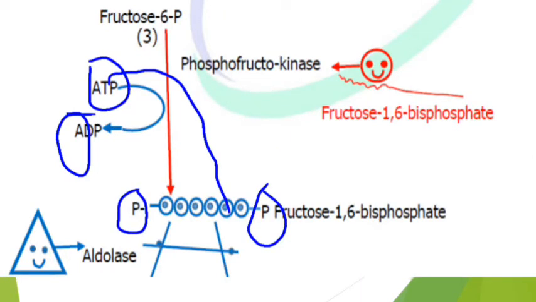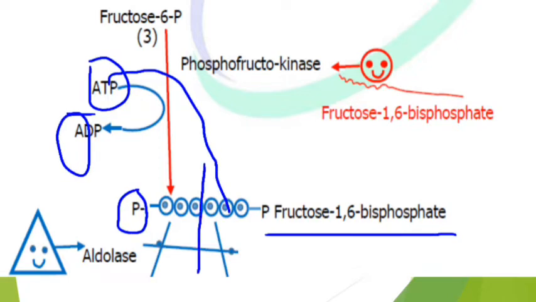It comes in here to add a phosphate group to position 1, making it fructose 1,6-bisphosphate. Fructose 1,6-bisphosphate.